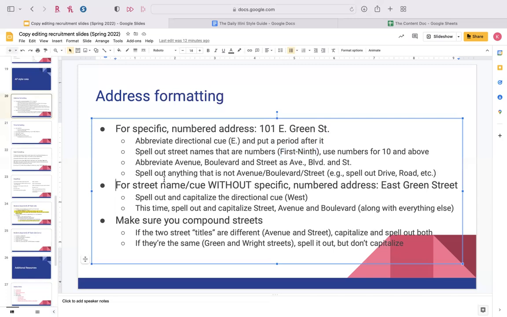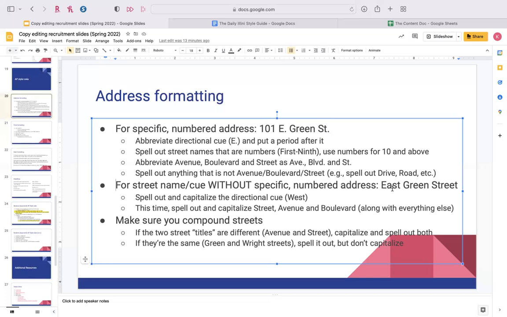So another case would be if you were talking about an address that's a little bit more general. You would say a street name without the specific numbered address, and that would be something like East Green Street, West Green Street.